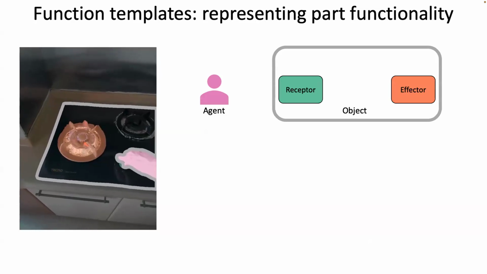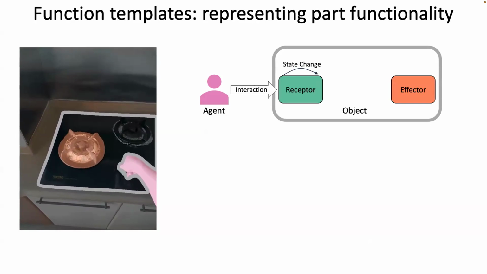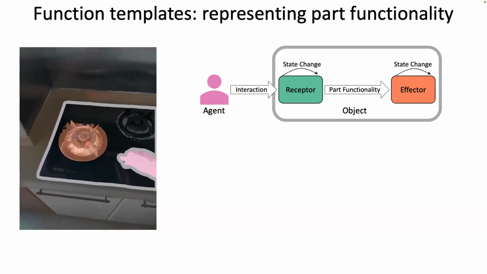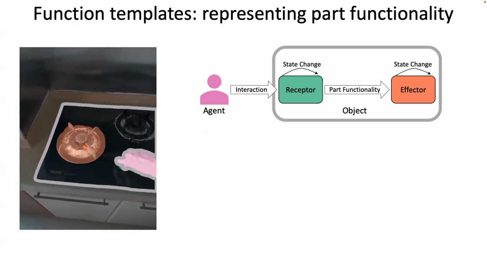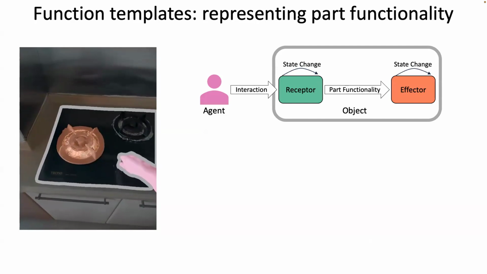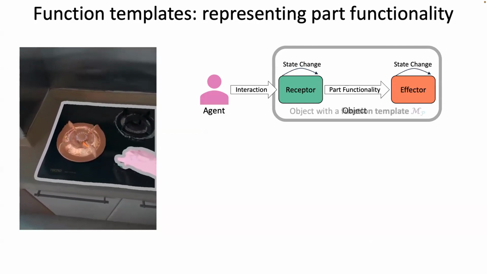So a key abstraction here was so-called function templates to represent how the object functions. A so-called receptor is a part that maybe the human interacts with, and the state change in that receptor may lead to a state change in another part, the effector. Here you see an example of a stove, a range, where the person turns a knob and then the fire turns on.